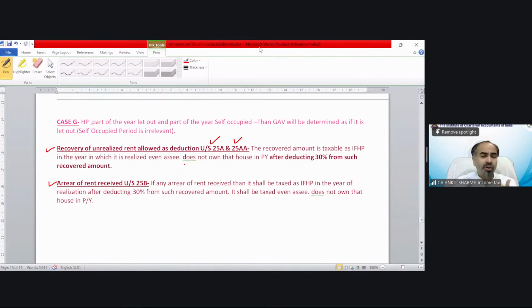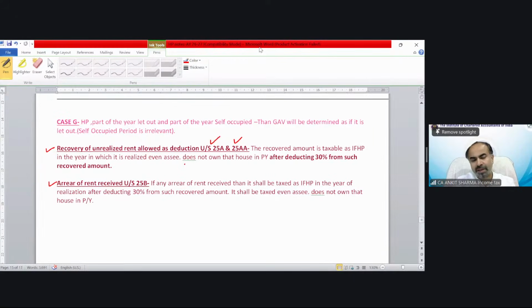Now suppose after 2 or 3 years, the tenant realized his mistake. And in the previous year 25-26, he is coming back and paying us the unrealized rent which he had forfeited at that time. Same way, the bad debt recovery. Suppose there is a bad debt in year 22-23, the debtor did not pay it. And in the previous year, now your debtor is coming to pay you the amount which he had forfeited.